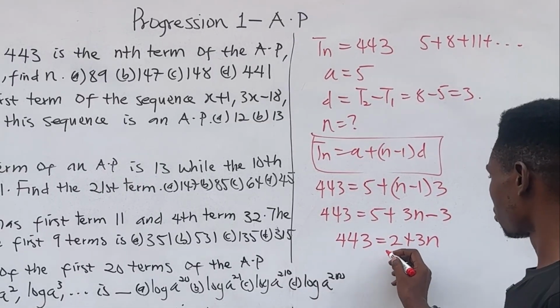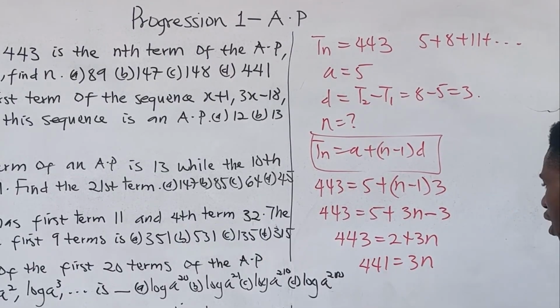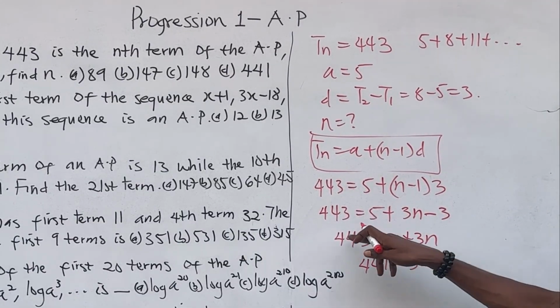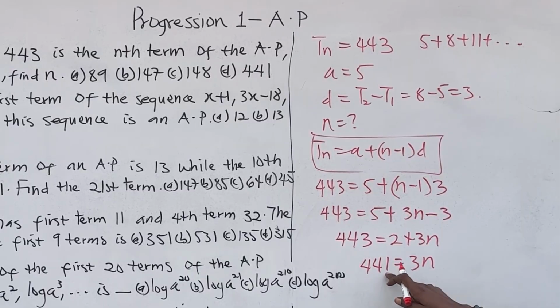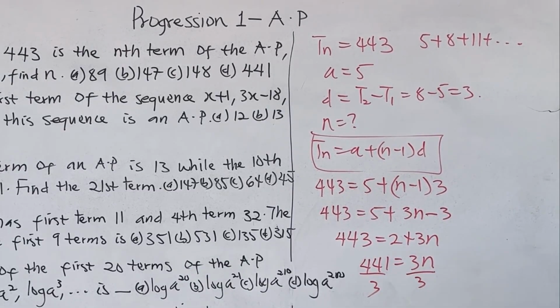So 441 equals 3n. I believe you know what I did. I took this 2 this way, so 443 minus 2, that's 441. So from here we can divide both sides by 3.